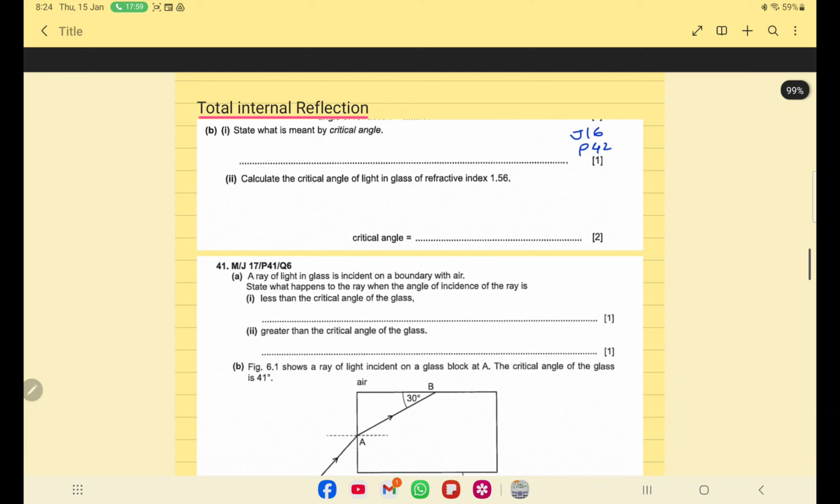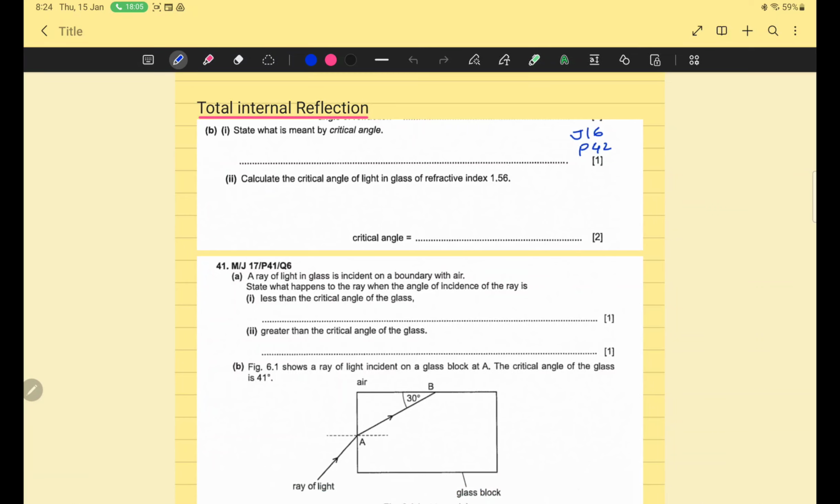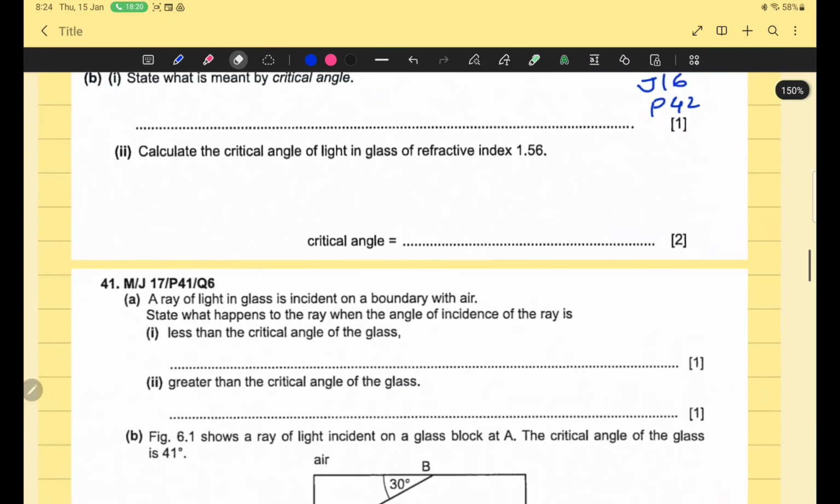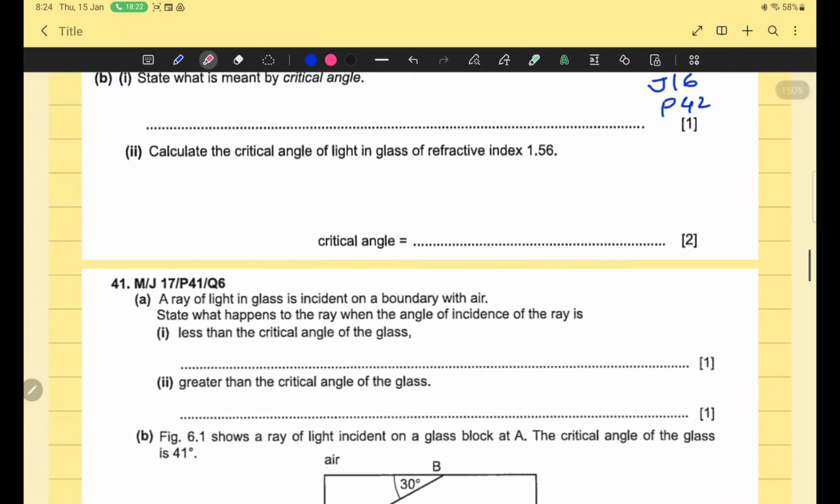This is the past paper sheet from which I have extracted some questions. Question number one is June 2016, paper 42: what is meant by critical angle? We have discussed critical angle, so I am not wasting your time. Now I am solving this question.